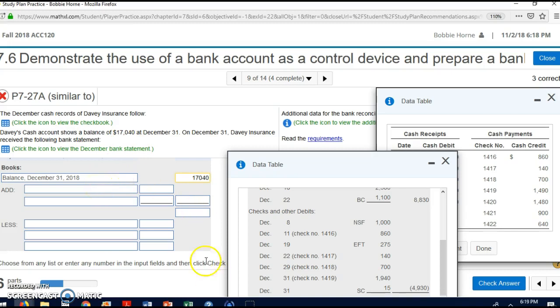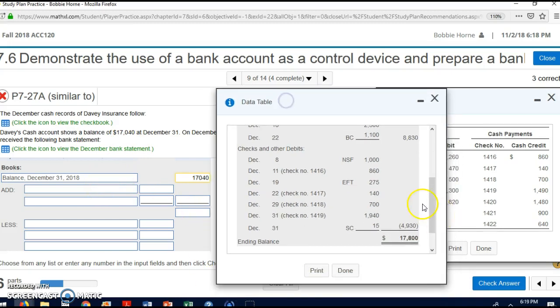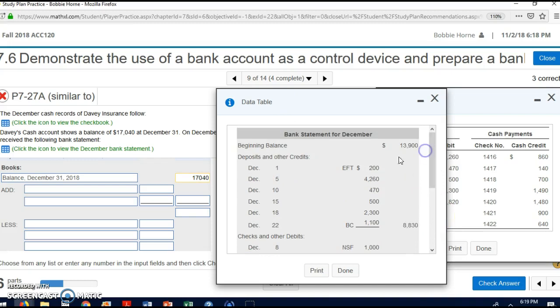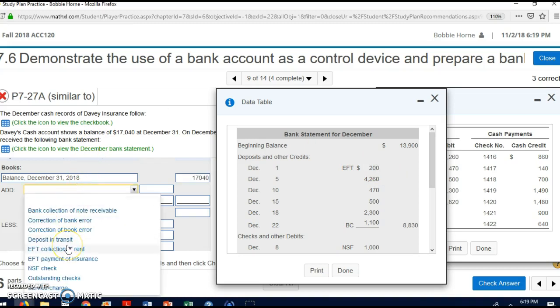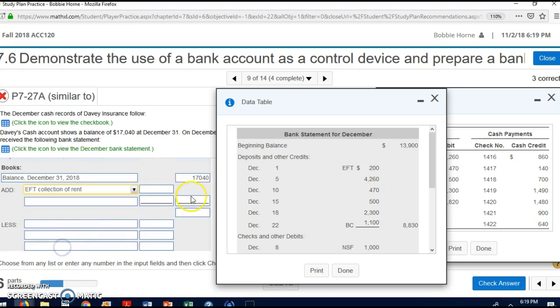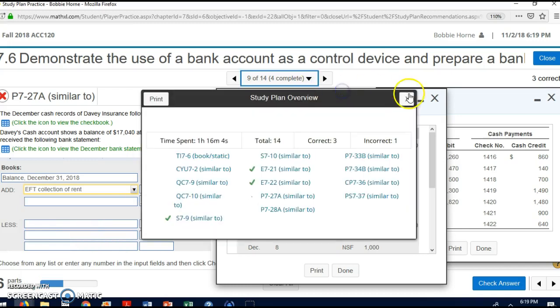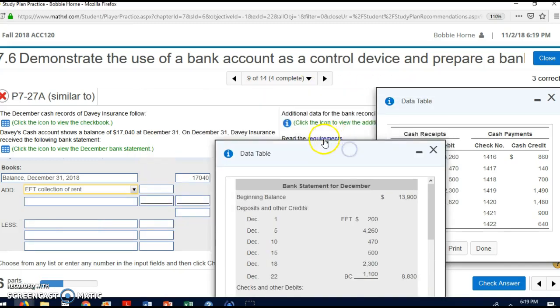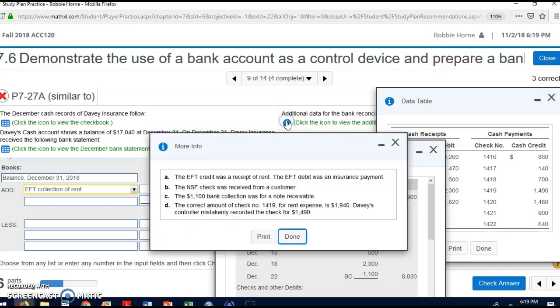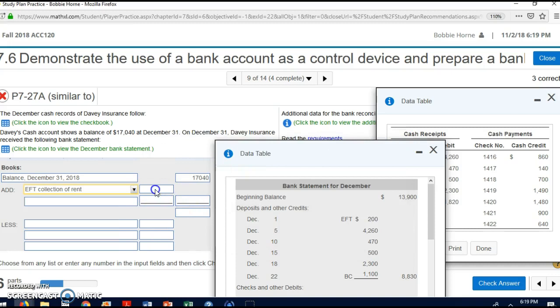And then we need to add anything the bank has collected for us. So we had an EFT collection of rent. The EFT credit was a receipt of rent, so that was for $200.